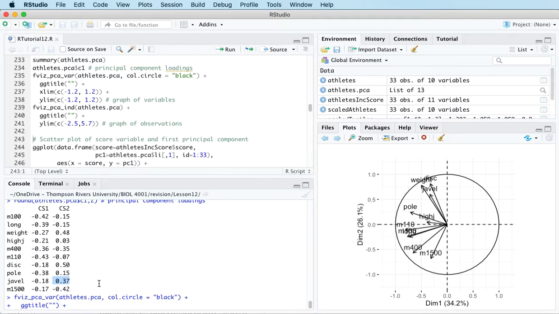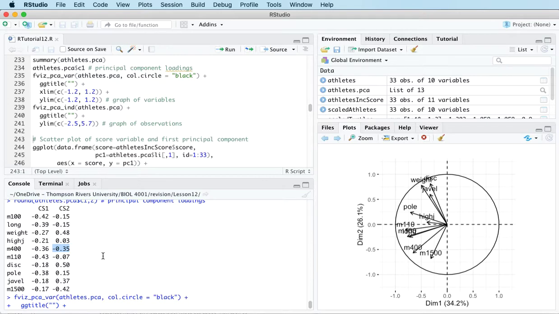Those are the three largest positive numbers, so those are the throwing events. And let's look at the large negative numbers. We've got a minus 0.42 on the 1500 meters and a minus 0.35 on the 400 meters.